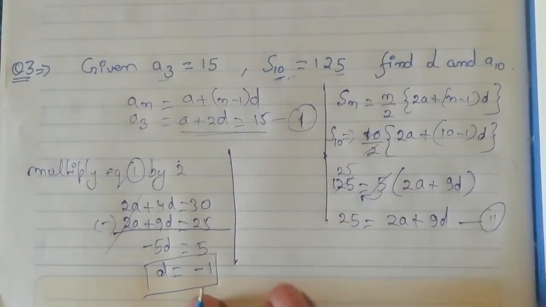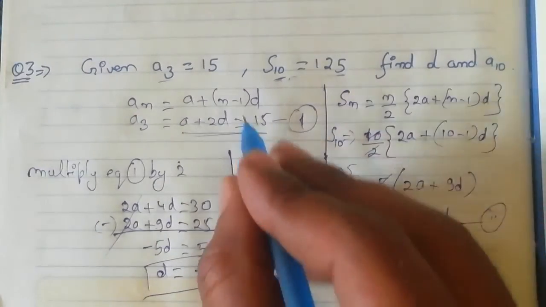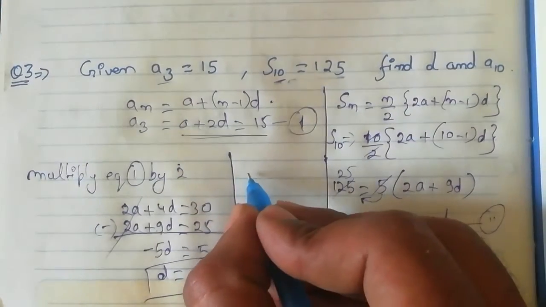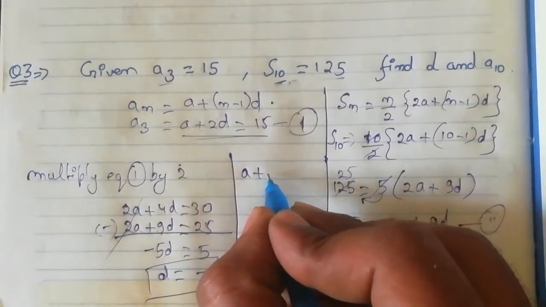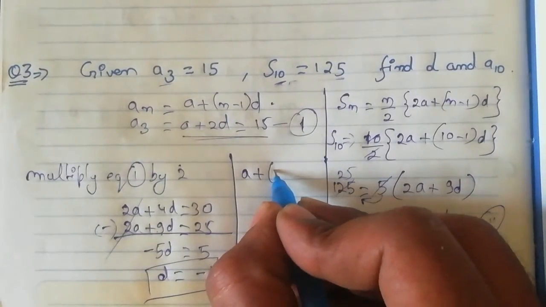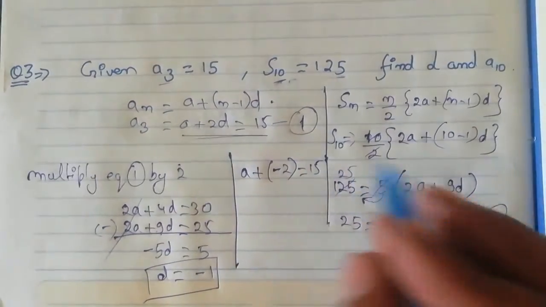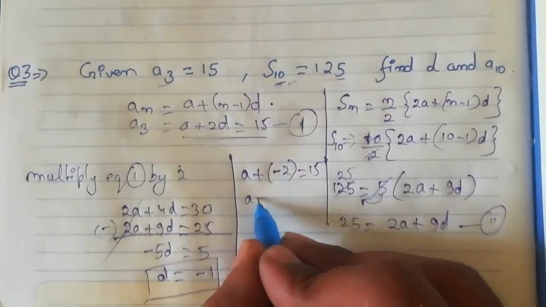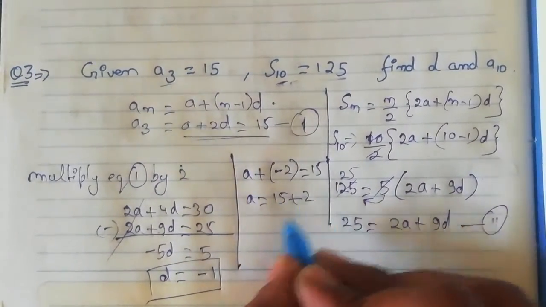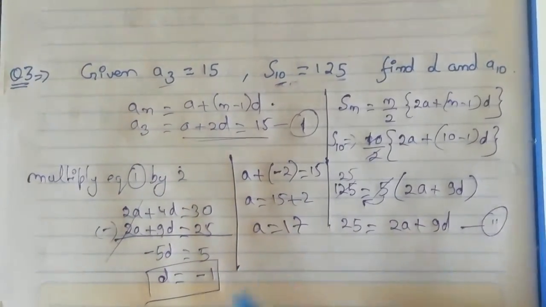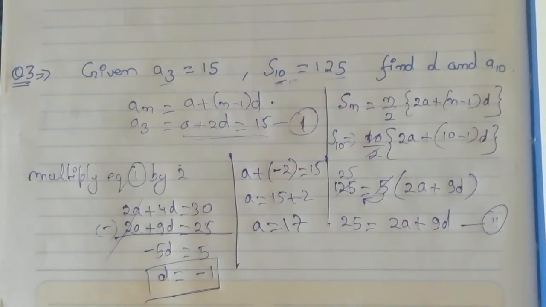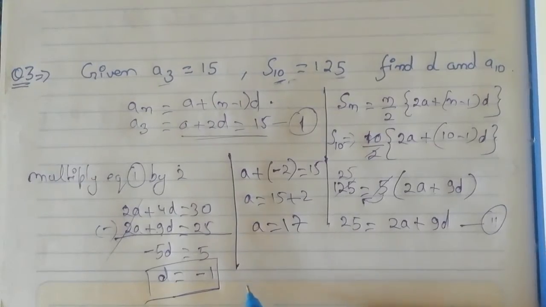If we put the value of this common difference in equation first, what value do we have? a plus, look, 2 into minus 1, so here we have minus 2 is equal to 15. Now if we transfer this to the other side, 15 plus 2. So we have the first term as 17 and d is equal to minus 1. Now what do we have to find?